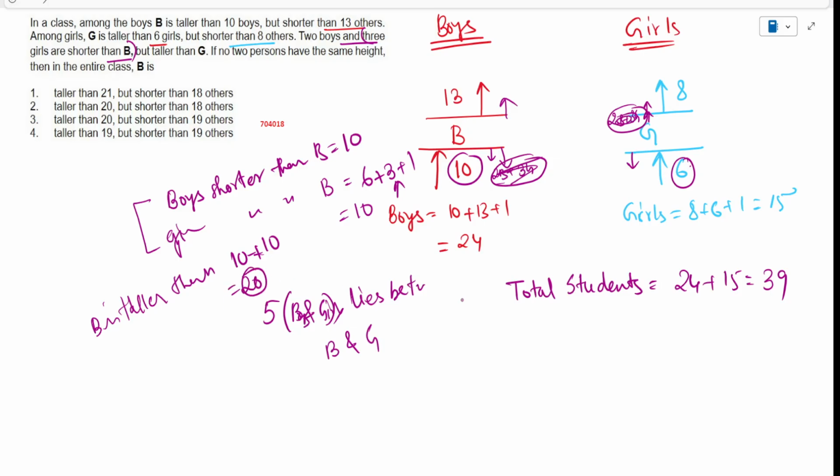Total 20, and since 39 is the total, the remaining are taller, therefore B is here. B is taller than total 20 boys plus girls, and since the total is 39, therefore 18 are shorter, meaning shorter than 18 others. So option B will be the answer.